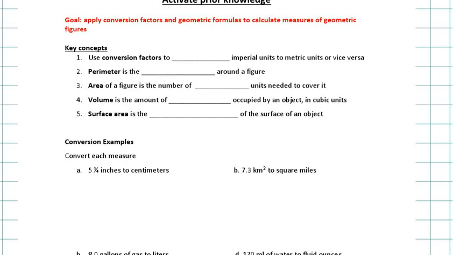So for this unit, you're going to need two formula sheets. The first formula sheet, that's right at the beginning of your booklet, is the conversion formula sheet. And then you also need the formula sheet that has the area, the perimeter, the volume and the surface area, which is, I think, the third one?